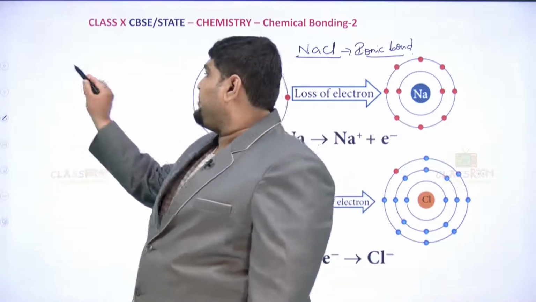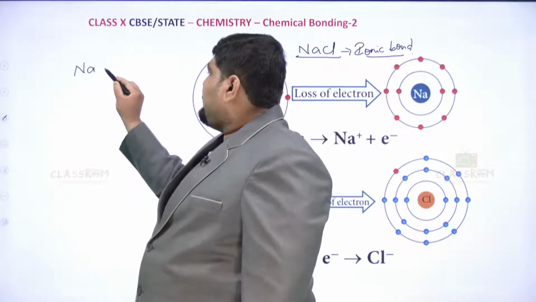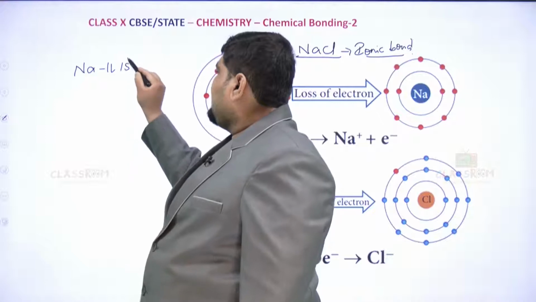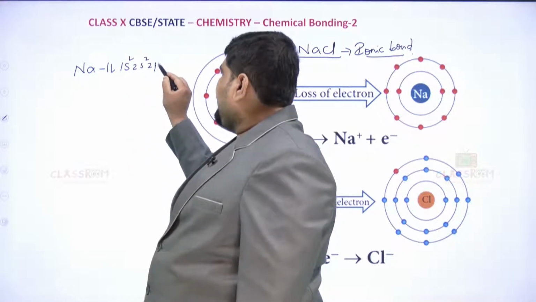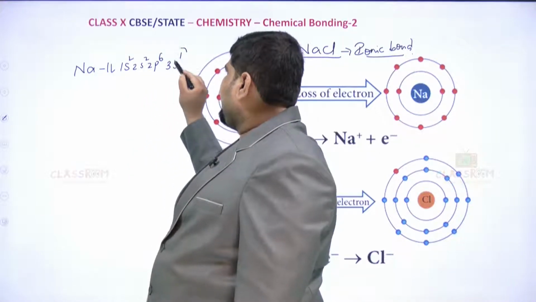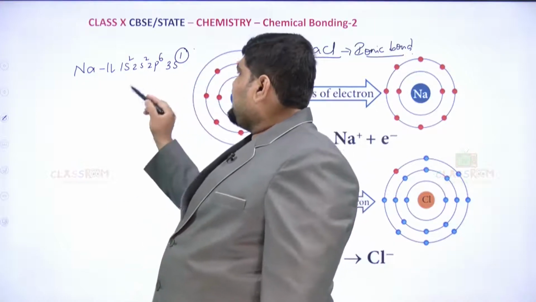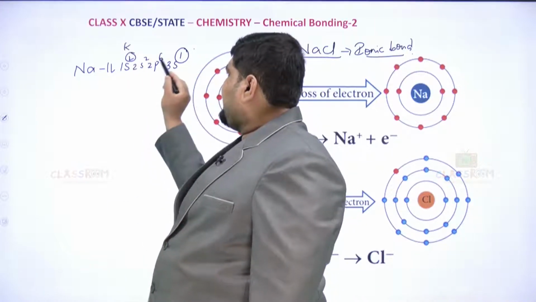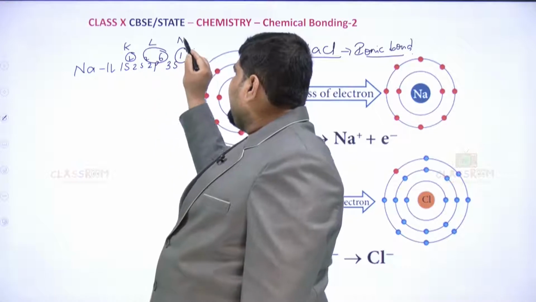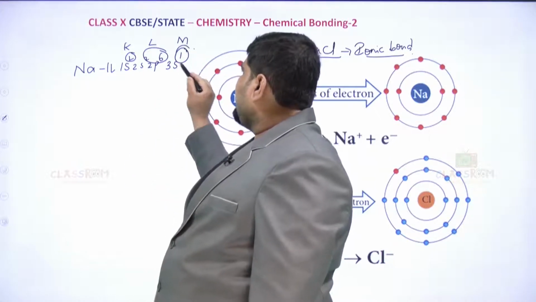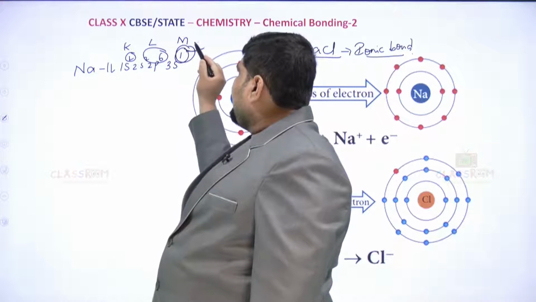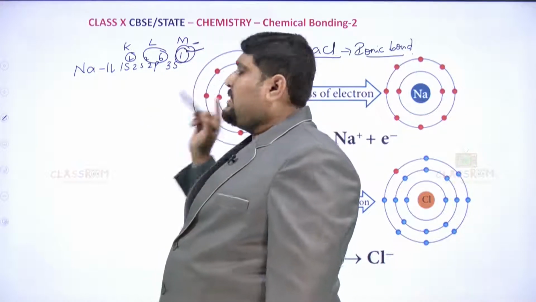As per the configuration, sodium has atomic number 11, so 1s2, 2s2, 2p6, 3s1. As per shells, this is your K shell, this is L and M shell. The outermost shell of sodium is the M shell with 1 electron.